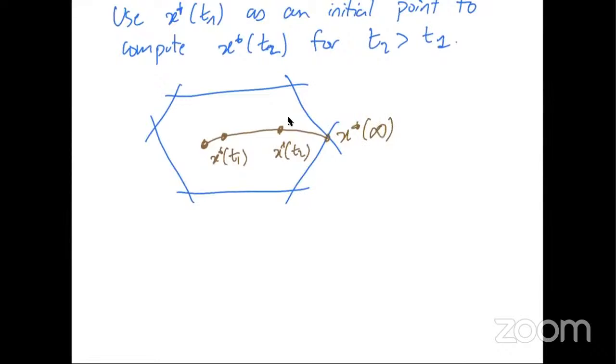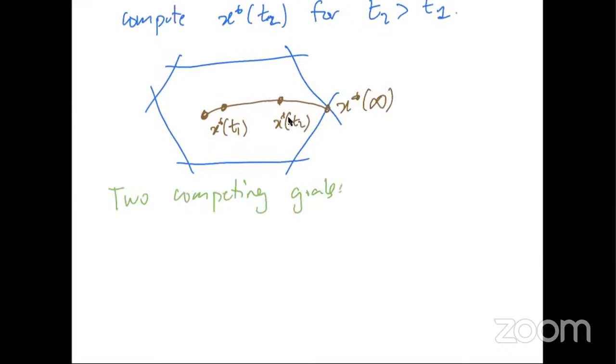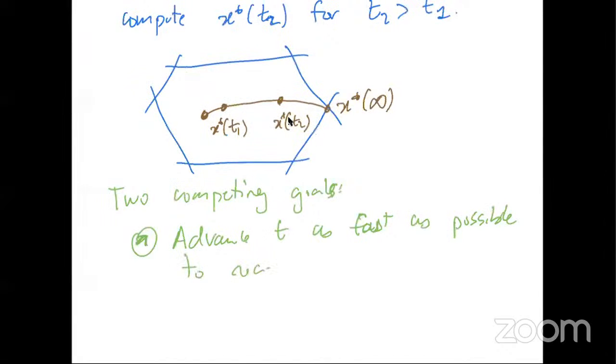So two competing goals. One is I would like to advance t as fast as possible to reach x star at infinity.